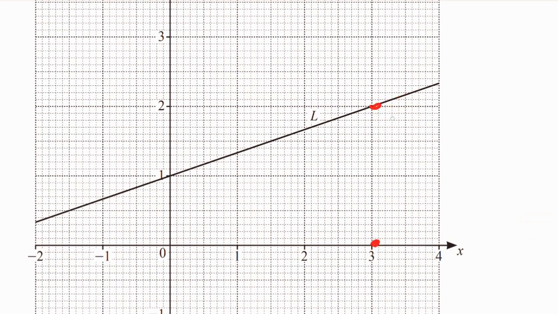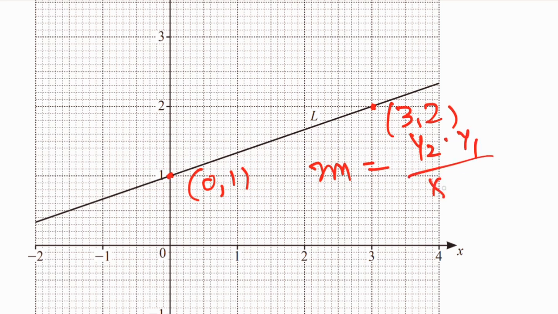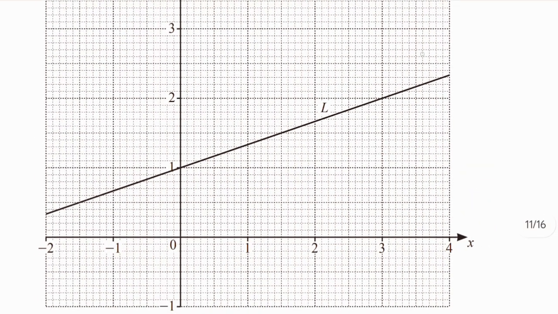There are 2 points: 3 comma 2, because x comes first, then y, and 0 comma 1. So m is y2 minus y1 upon x2 minus x1. So 2 minus 1 over 3 minus 0. So this is 1 upon 3. So we got m is equal to 1 upon 3.